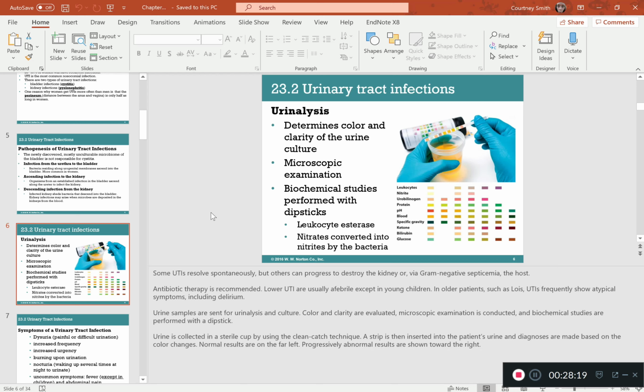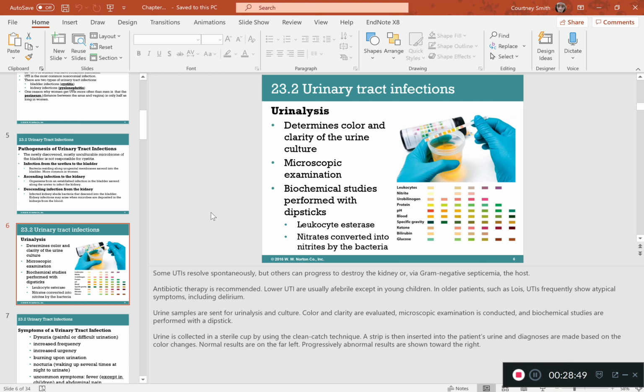With urinalysis, you can go off of color, and you can also do a microscope exam, but microscopic exams are primarily done for STD testing, not so much for UTI testing. You can do it for UTIs, it's just not as common, at least in my experience. We primarily did STD testing with that, and primarily it was chlamydia and gonorrhea.